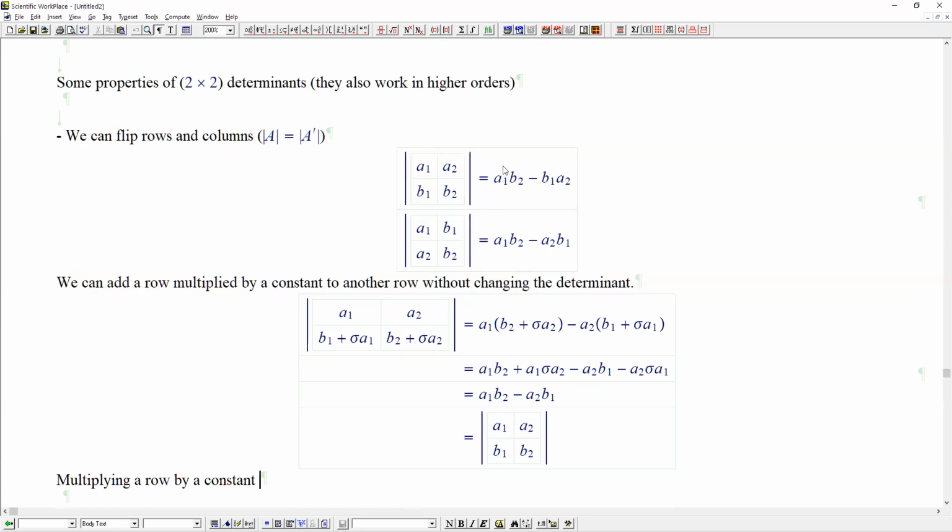If I multiply one row by a constant, think about it. Try your luck.